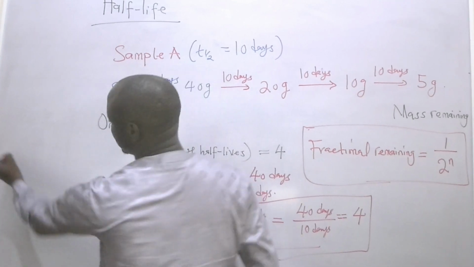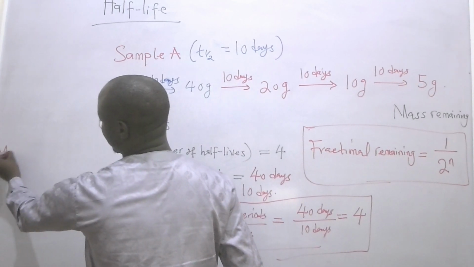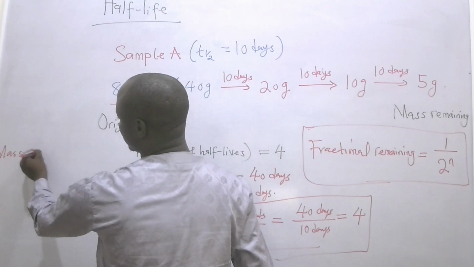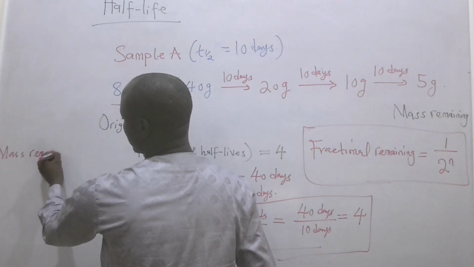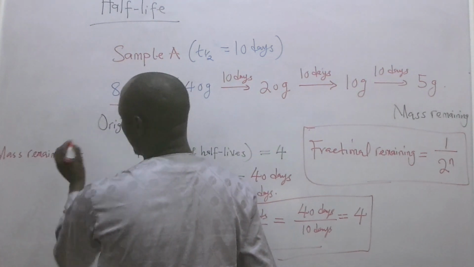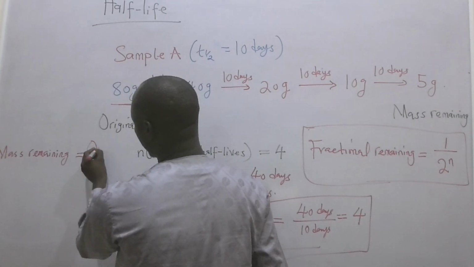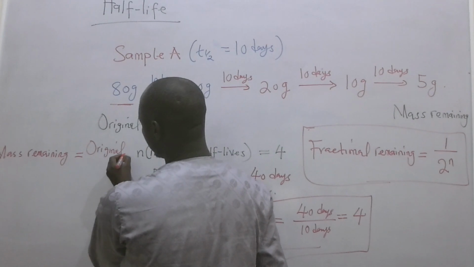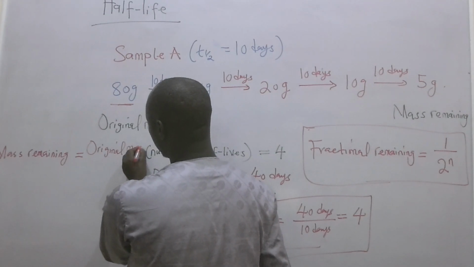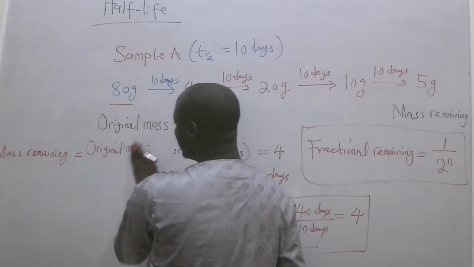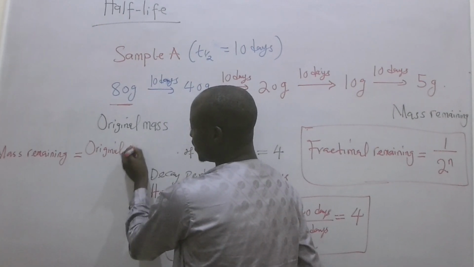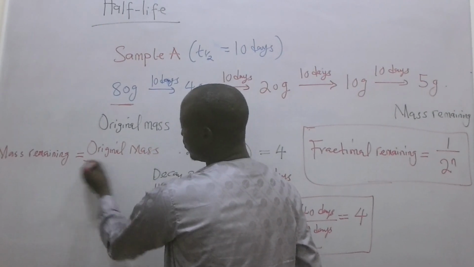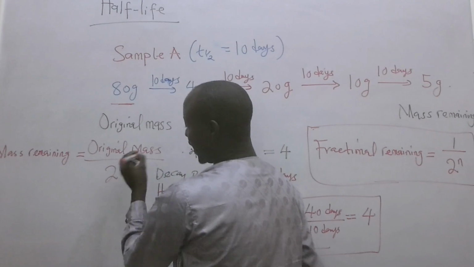So mass remaining is equal to original mass all over 2 power n.